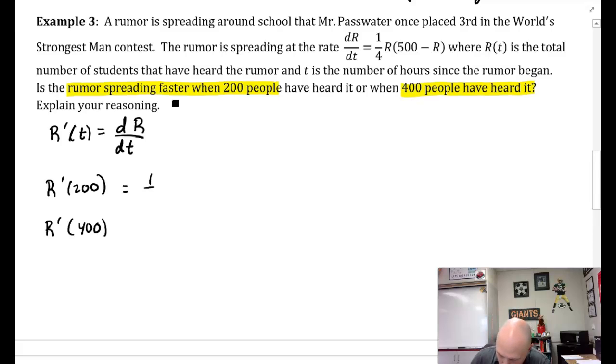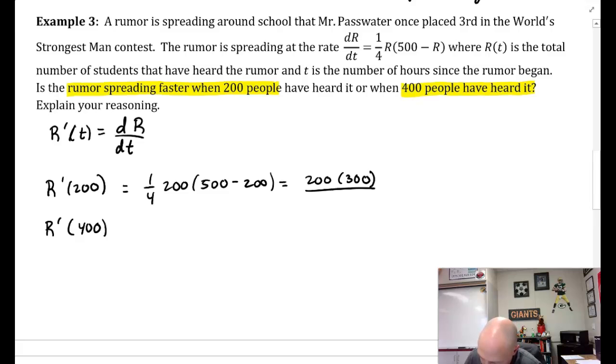So here we have 1/4 r, that's 200, times 500 minus 200. I just plugged in 200 for all those values, and we get 200 times 300 divided by 4, which gives us 60,000 divided by 4, which is 15,000.